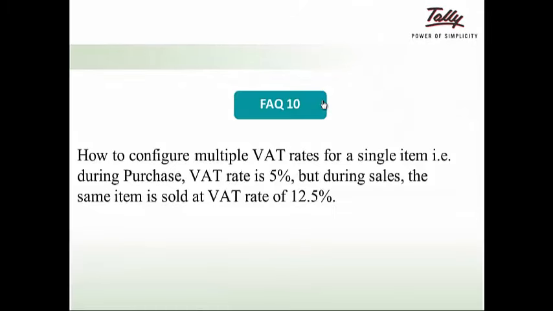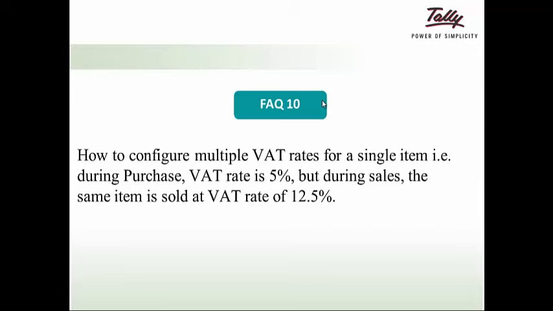Next FAQ, how to configure multiple VAT rates for a single item. That is, during purchase VAT rate is 5%, but during sales the same item is sold at a VAT rate of 12.5%. So this is a very rare scenario where the same item will be purchased at one rate and sold at another rate.